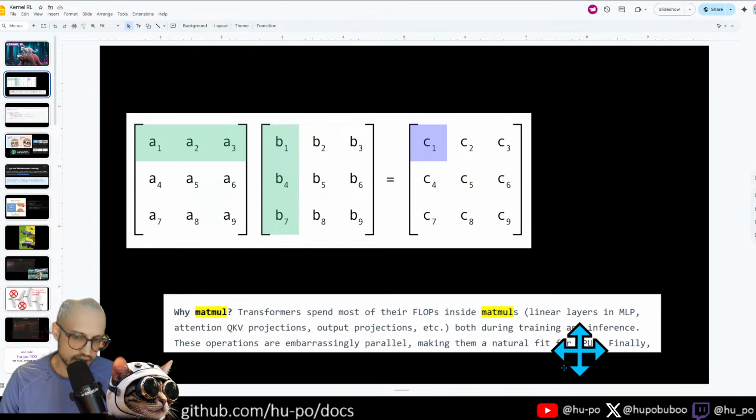So the linear layers in the MLP or the FFN, the attention, QKV projections, output projections, all of those are basically matmuls, which means that matmuls are the most important floating point operation done inside a GPU. So if you can get that to be done a little bit faster, then you can speed up everything from training, inference, whatever you want to do. These operations are embarrassingly parallel, making them a natural fit for a GPU.